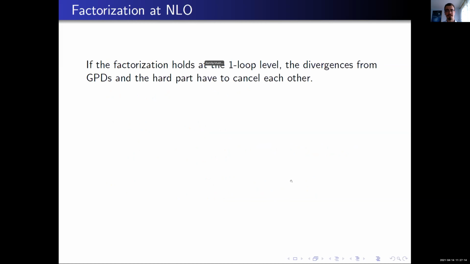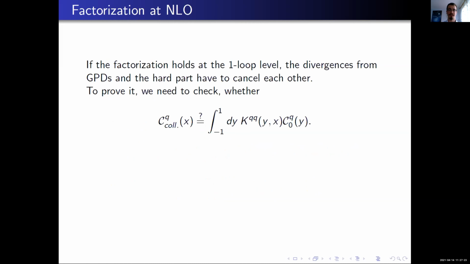If the factorization holds at the one loop level, the divergences from GPDs and the hard part have to cancel each other. To prove it, we need to check whether the collinear part is equal to the following integral of the evolution kernel multiplied by the leading order hard part.